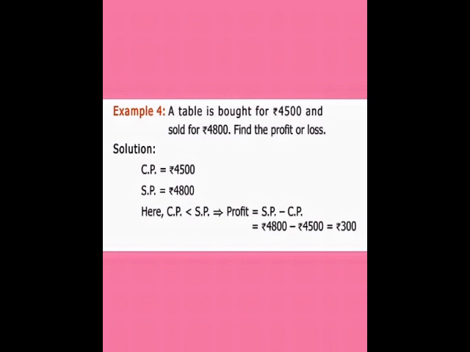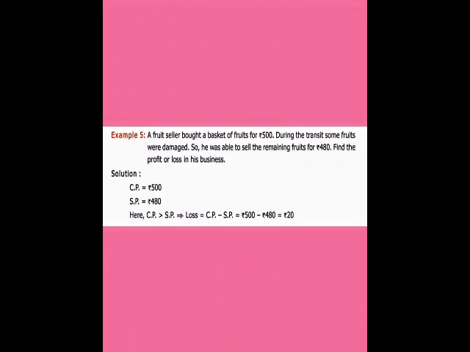The next question: a fruit seller bought a basket of fruits for rupees 500. During the transit, some fruits were damaged. So he was able to sell the remaining fruits for rupees 480. Find the profit or loss in his business. He bought a basket of fruit for 500 and sold it for rupees 480.